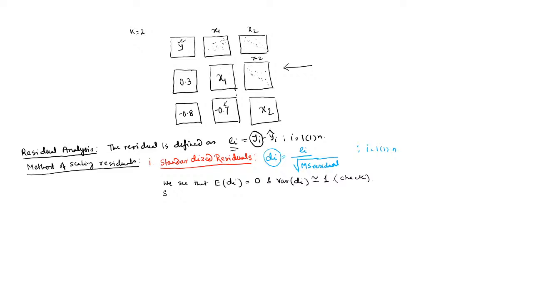Using the empirical rule, we know 99.7% of data lies between -3 and +3, and a very small number of data points lie below -3 or above +3.